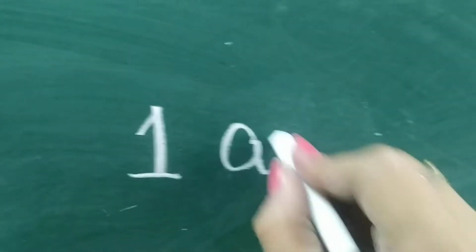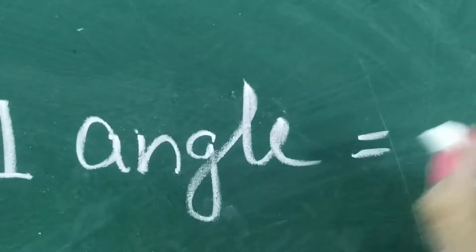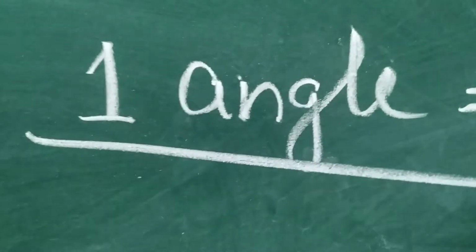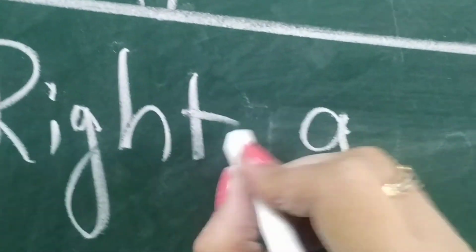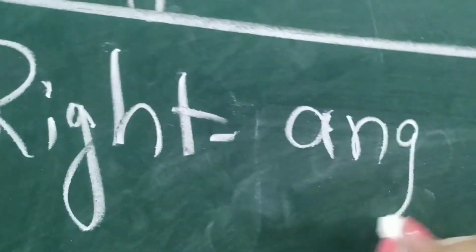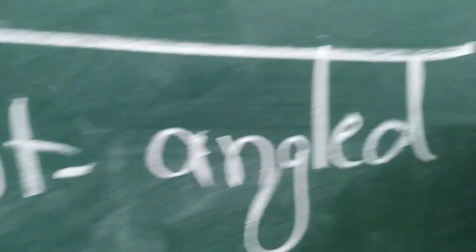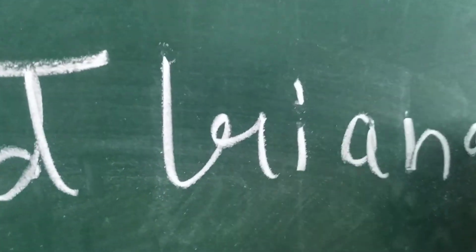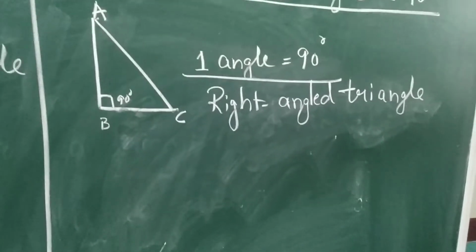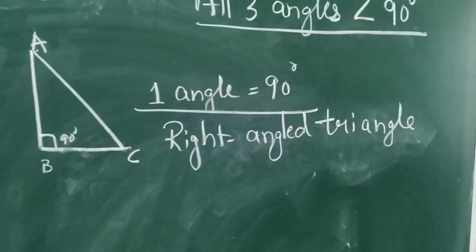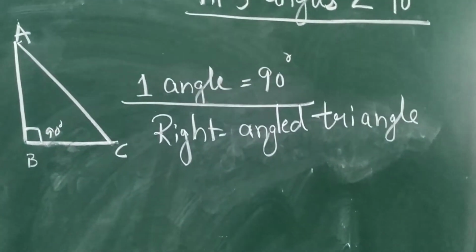So when one angle is equal to 90 degree, this is called right angled triangle. This is called right angle triangle when one angle is of 90 degree.